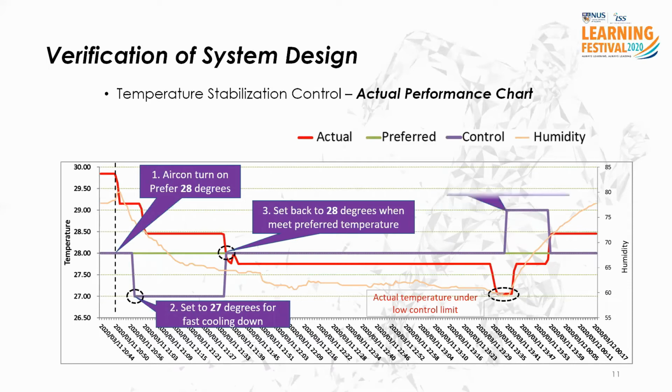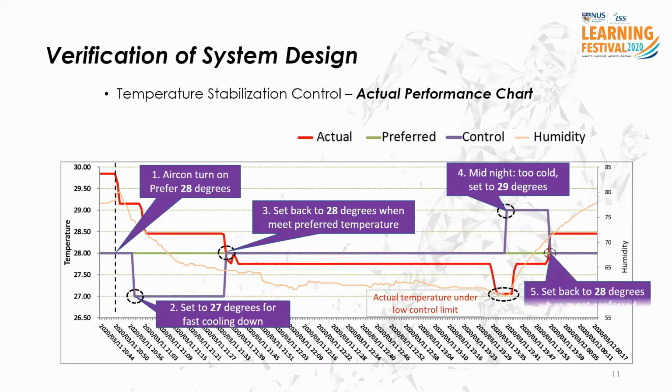So the system automatically set the control temperature to 29 degrees, which is 1 degree plus the preferred temperature, and the system set back to 28 degrees once the actual temperature was the same as the preferred temperature again. With this control logic, the actual temperature in the room will always be close to the preferred temperature.